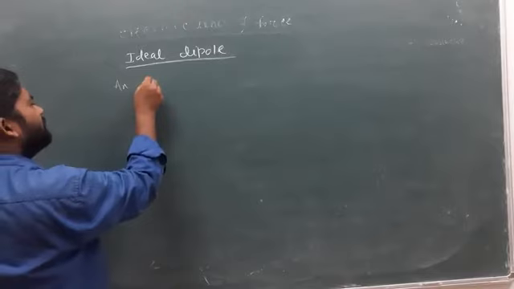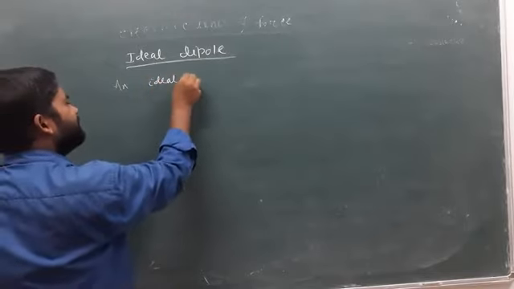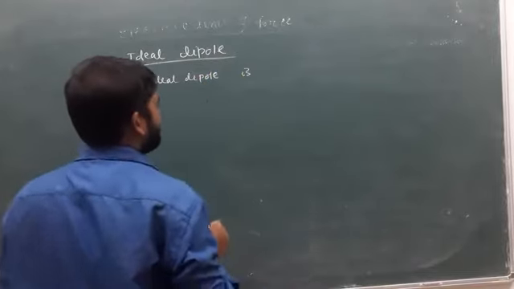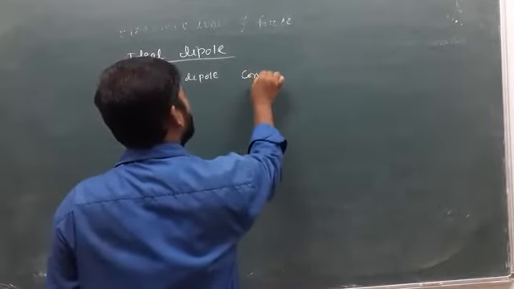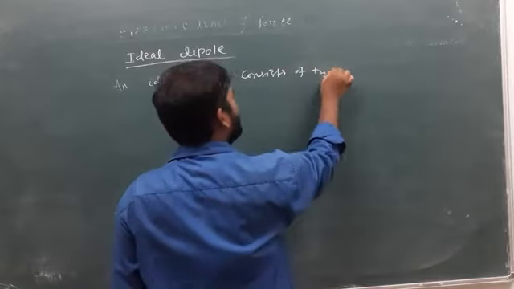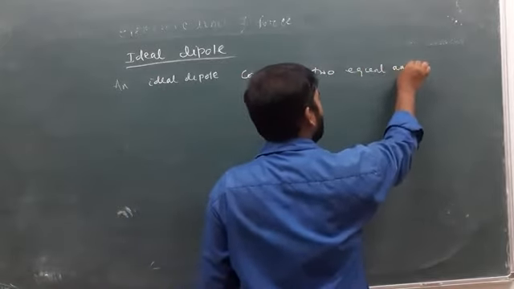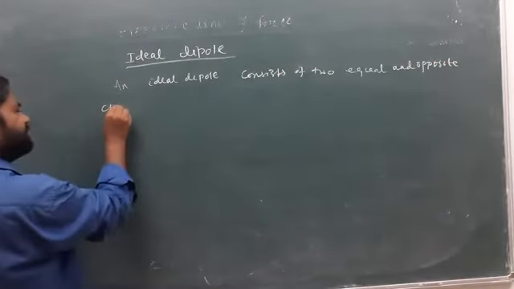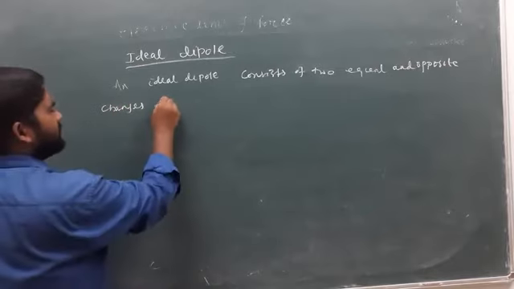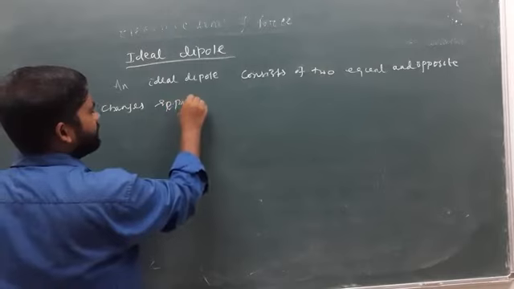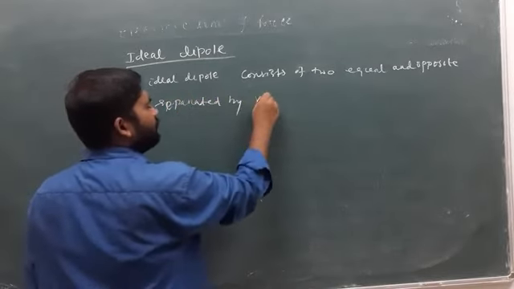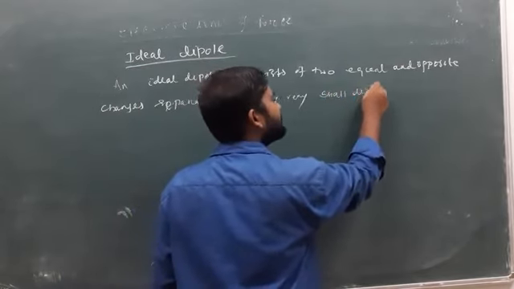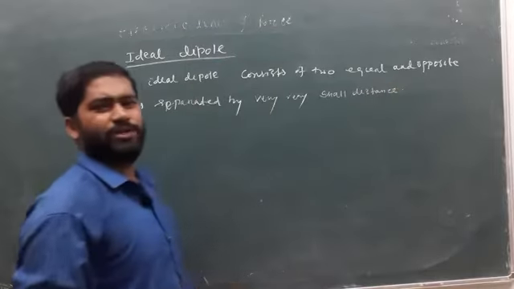An ideal dipole consists of two equal and opposite charges separated by a very small distance.